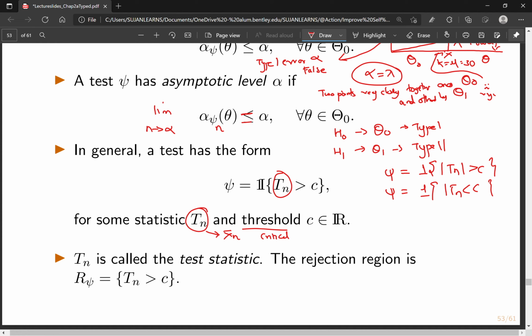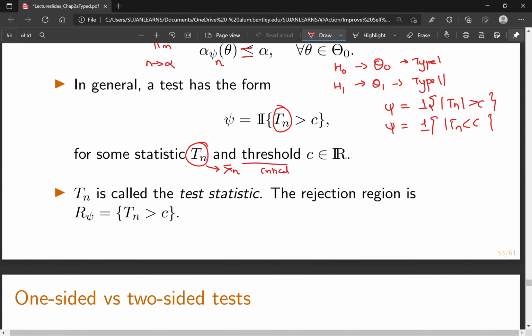The main important thing is the form of the rejection region. What is the rejection region here? Can you tell me?